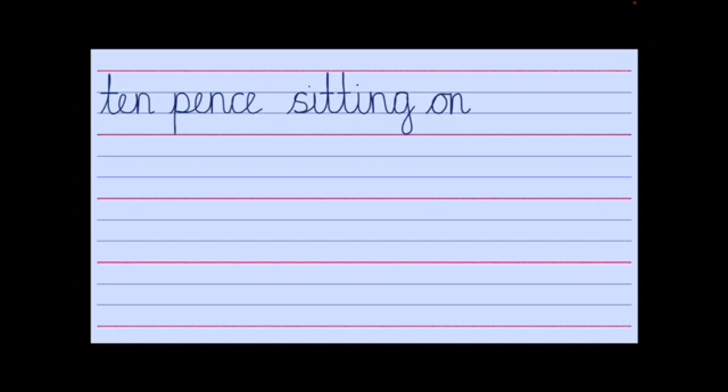Next bit, a thick stick. A thick stick. And ick in both of those words needed I-C-K because they were both one tap words with a short vowel sound.